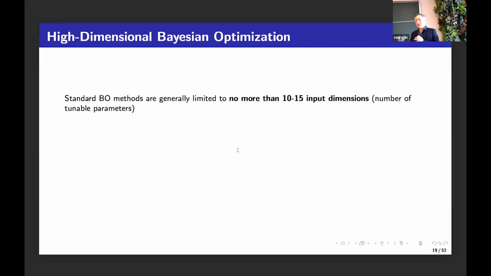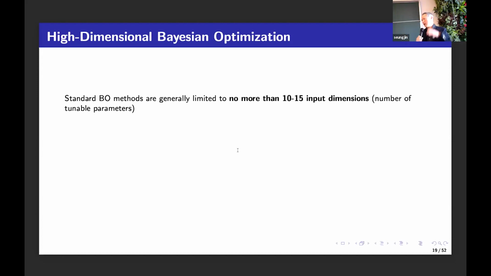In Bayesian optimization, you have the decision variable x, which is a vector. If the dimension of x is greater than roughly 15, we consider that a high-dimensional problem, and the complexity gets larger and larger.